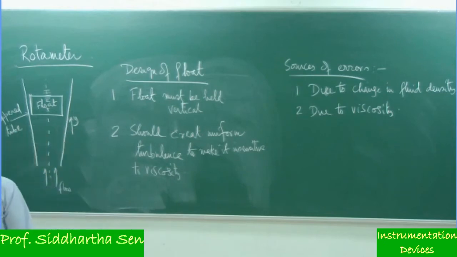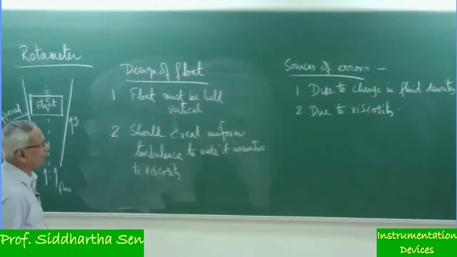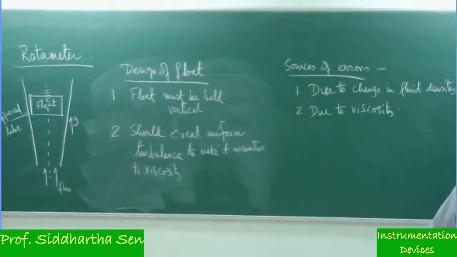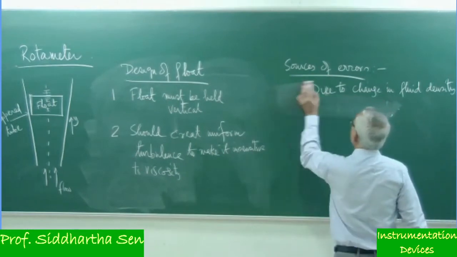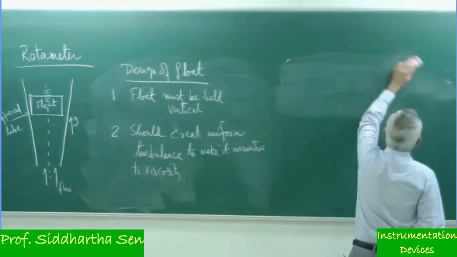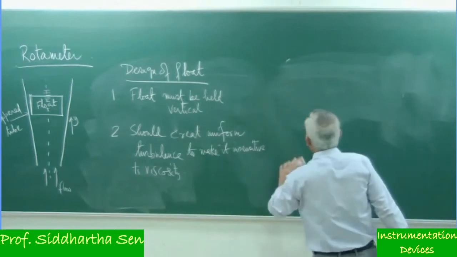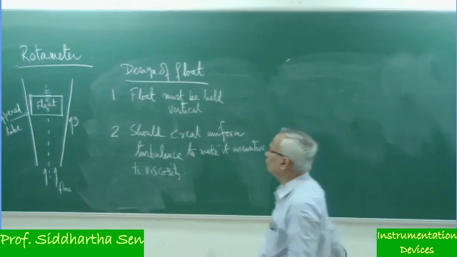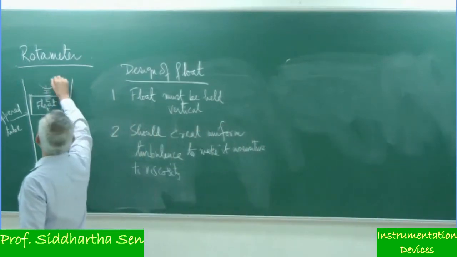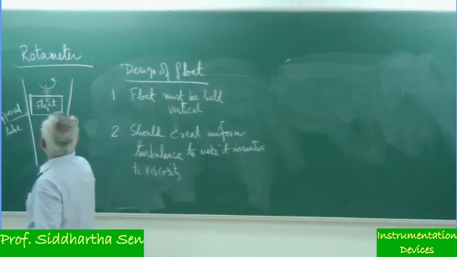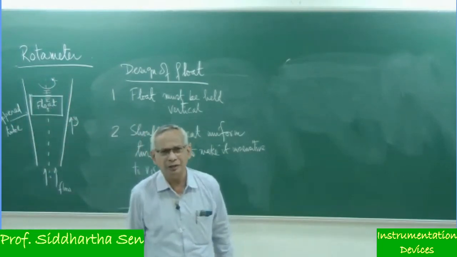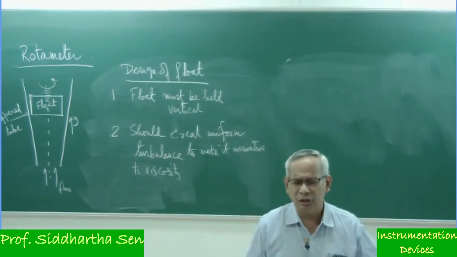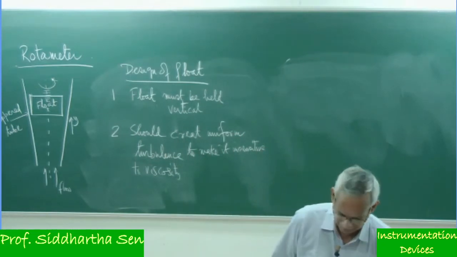What is the way? Possibly you can now understand why the name comes. We can create additional turbulence if we make the float rotate. If it is rotating, then there would be some additional turbulence in it, so naturally the viscosity effect will be less.